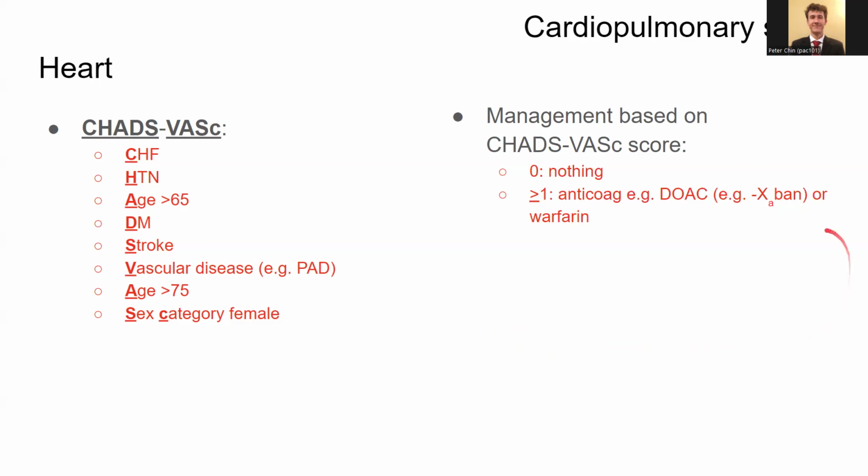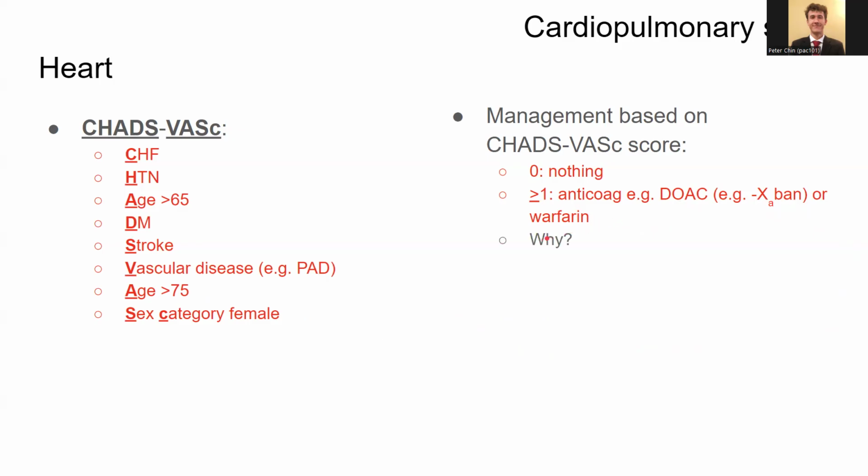If you think about the wording of it, it's like Xa or 10A, and it bans factor 10A. That's how I remember it. Or warfarin. But remember, if you want to start someone on warfarin, you have to bridge them with heparin.